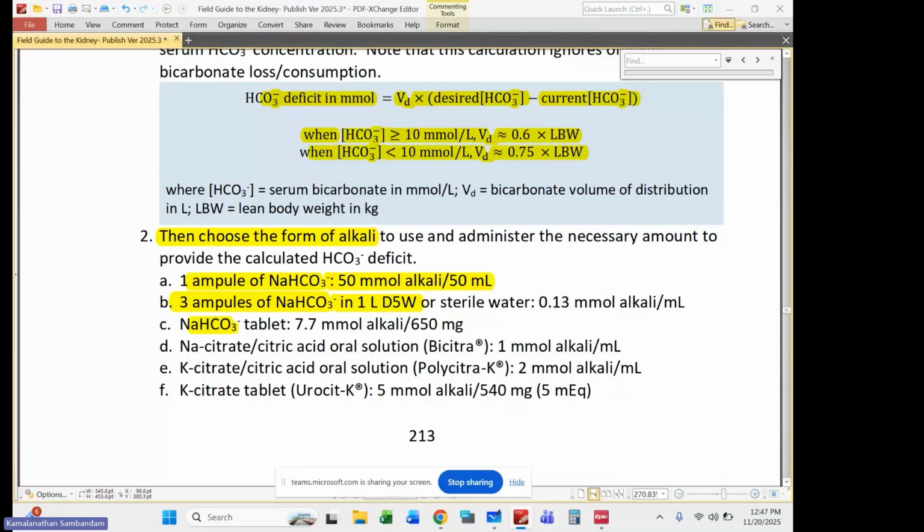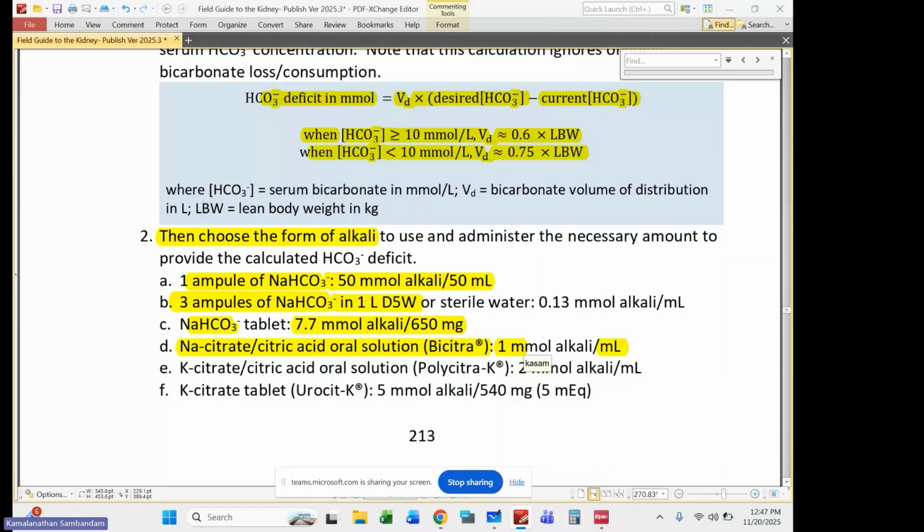Each tablet of sodium bicarbonate has a very small amount. So when you want to make a move on a serum bicarbonate in a day, you don't generally want to do that by just sodium bicarbonate tablets. We also have Bicitra, where each mL contains 1 millimole. You can move pretty quickly. This is very hypertonic.